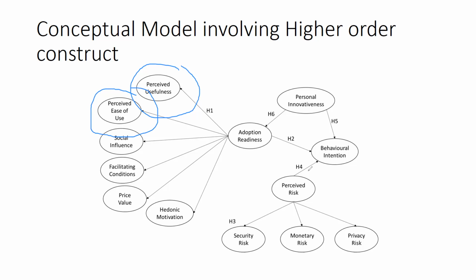Now, why have I put up this particular model here? If you look, I have latent variables of the first order, and these load on a latent variable which is of a higher order. So basically, these 6 first order constructs load on the second order constructs.